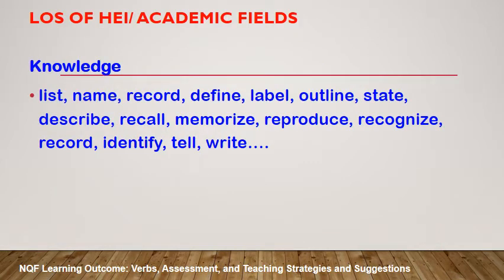Typically, it is recommended that writing learning outcomes need to utilize the action verbs in Bloom taxonomy. For example, in knowledge domains, we commonly use the verbs in this list such as define, describe, recognize, record, identify, and so on.